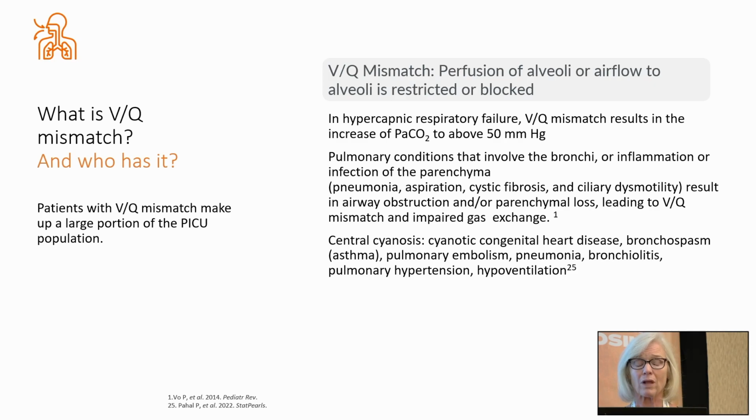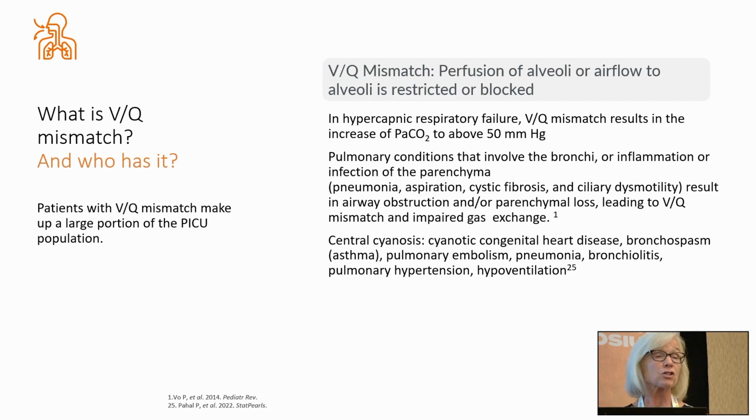So let's get into VQ mismatch. What is it and who has it? It's when either perfusion to the alveoli or airflow to the alveoli, or a little bit of both, is restricted or blocked. So hypercapnic respiratory failure causes a VQ mismatch. It results in an increased PaCO2 of above 50.